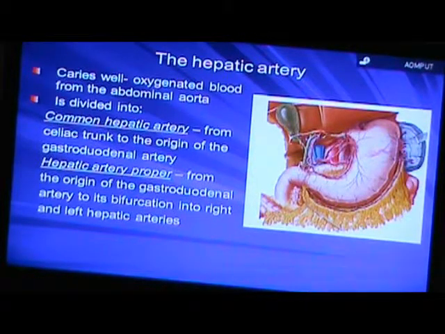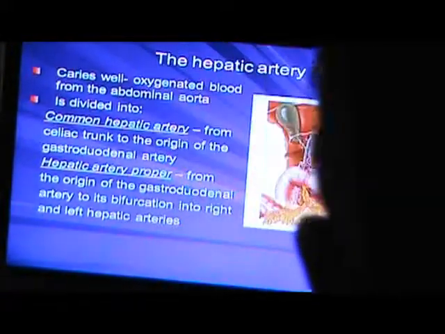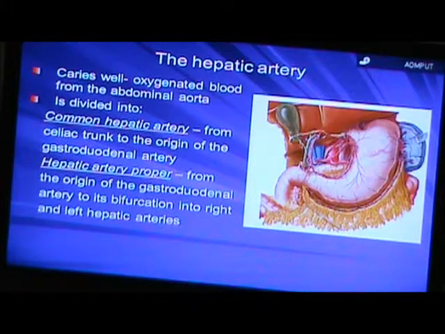Please remember, I need to emphasize it: most of those with a problem of portal hypertension will have cirrhosis, distended veins in the esophagus, and distended paraumbilical veins, so the head of Medusa. There are both of them.